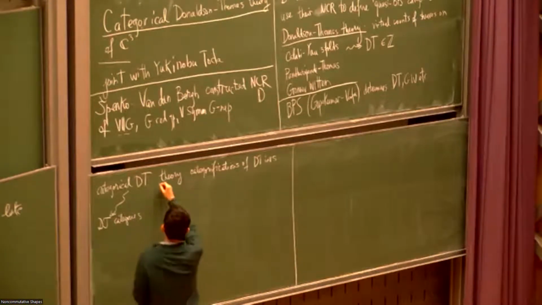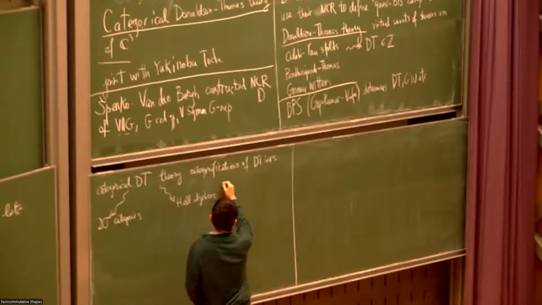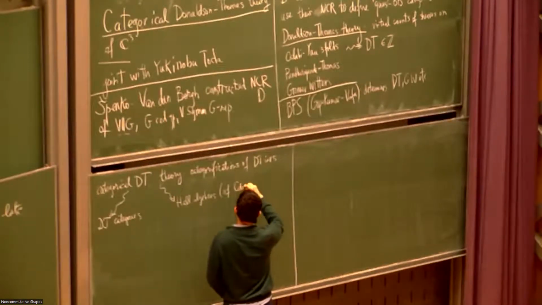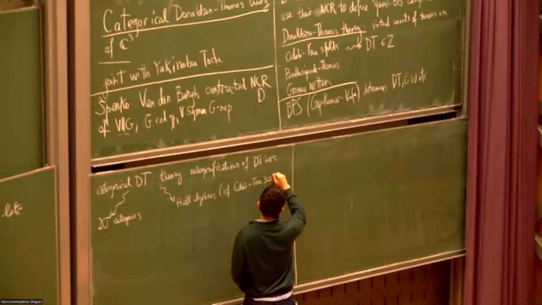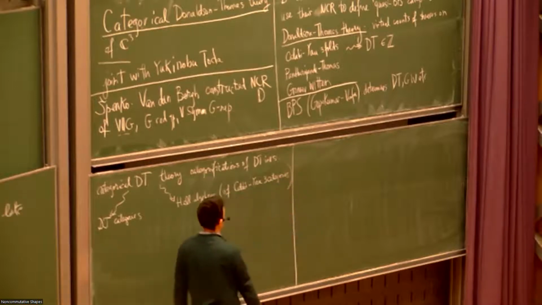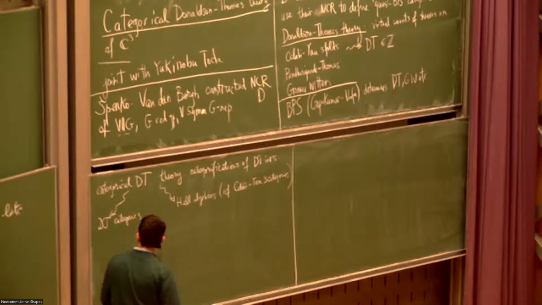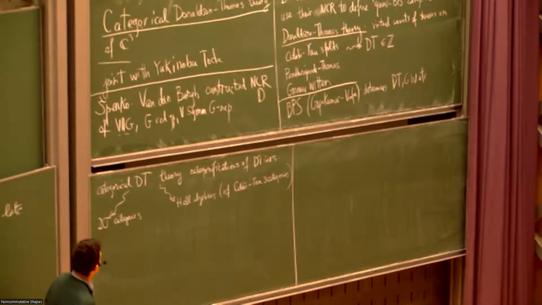Another direction is to look at Hall algebras. So these will be Hall algebras associated to Calabi-Yau-3 categories, introduced by Kontsevich and Soibelman. And these Hall algebras are expected, and in some cases are shown, to act on these DT categories.